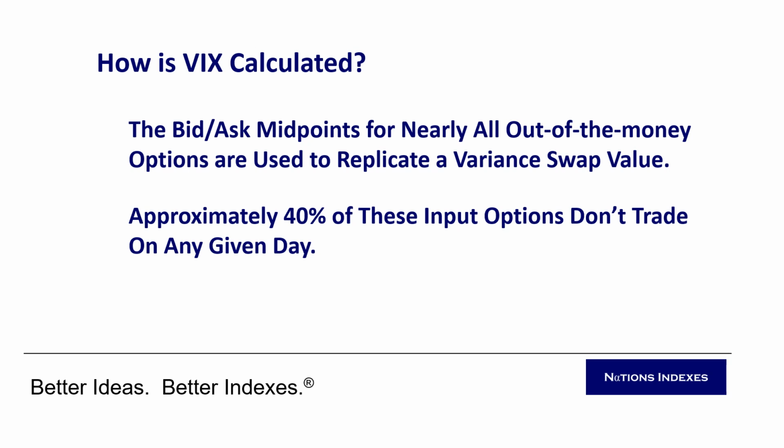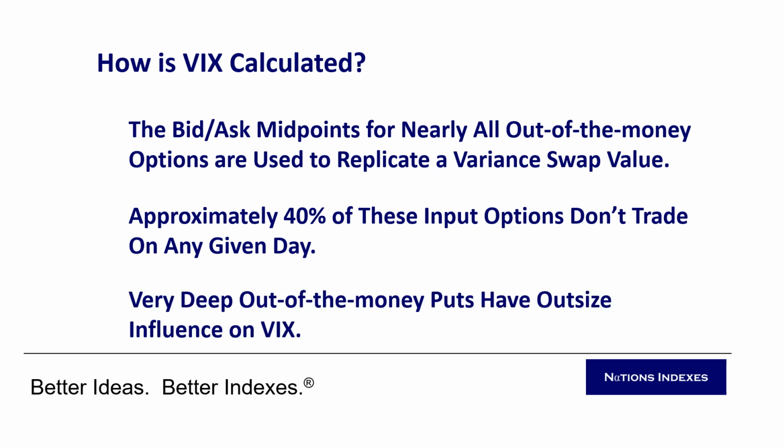Even worse, because of the weighting process VIX uses, deep out-of-the-money put options have relatively greater influence in the index value. Do you want a volatility index stuffed with teeny options that don't trade, or do you want a volatility index that uses the most important, most liquid options available to traders and investors? That's why we created VolDex.